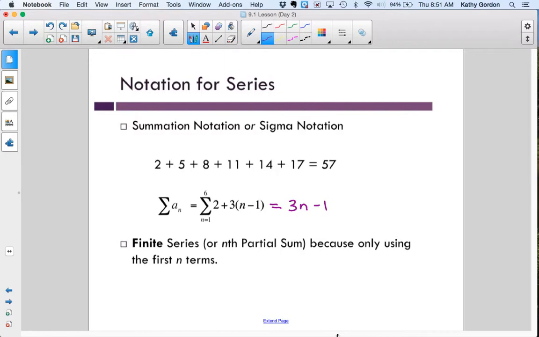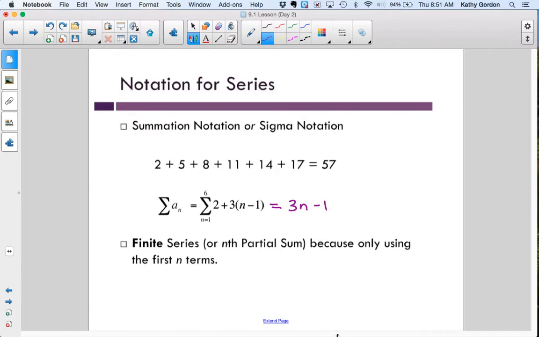And then at the top of the sigma sign, you indicate how many of the terms you want to add. So this is saying I want to add all of the terms, the a sub n's, from n equals 1 up to n equals 6, which means I'm adding the 1, 2, 3, 4, 5, 6 terms, the first 6 terms together.